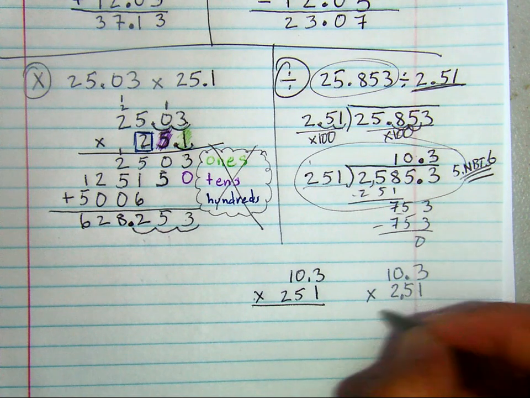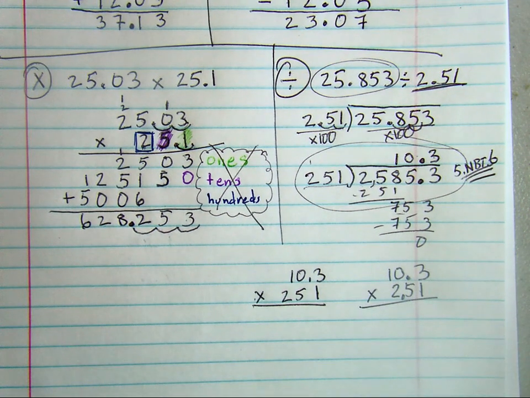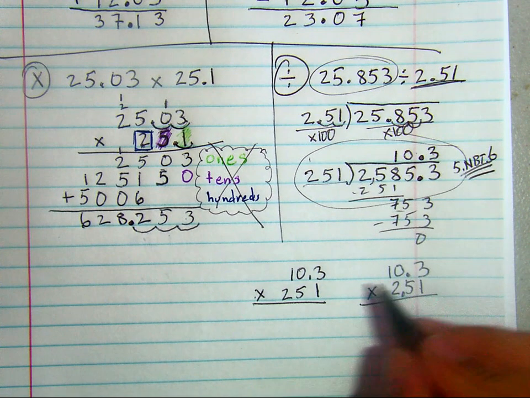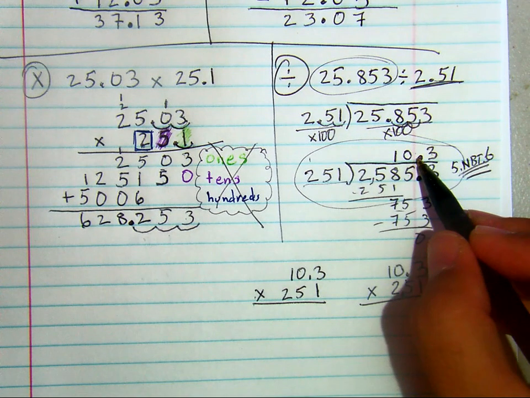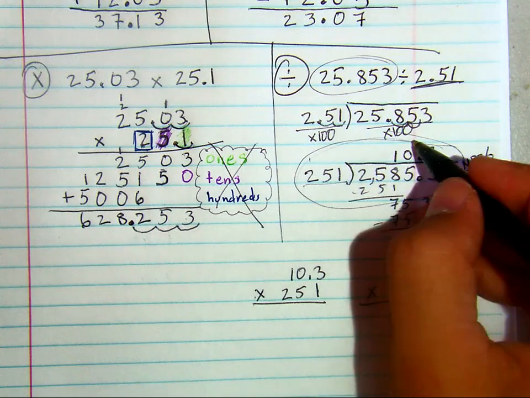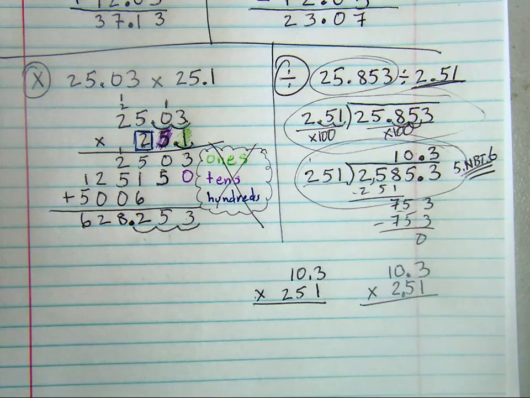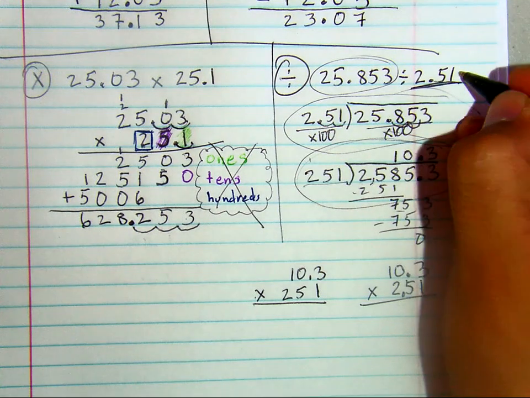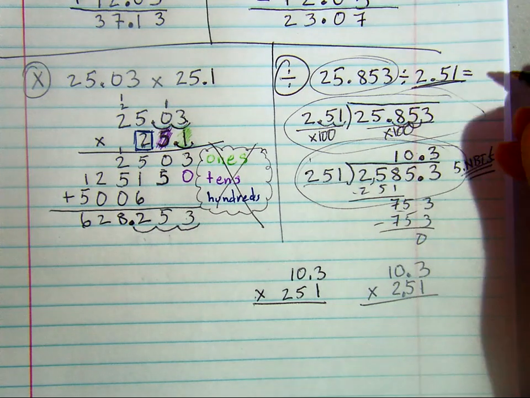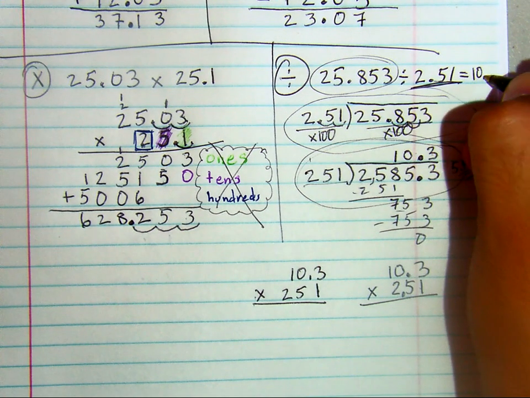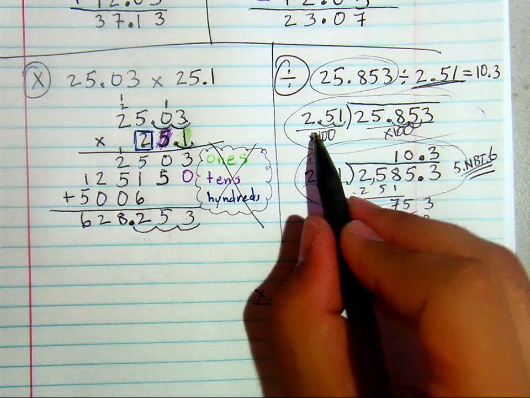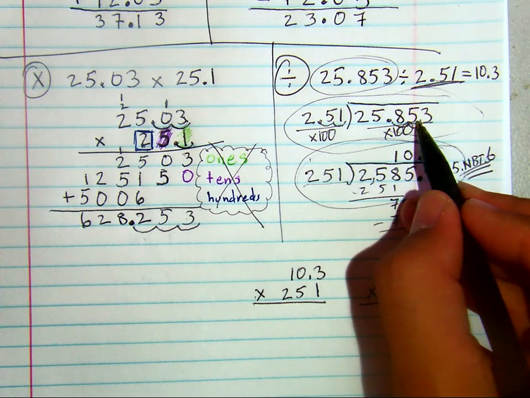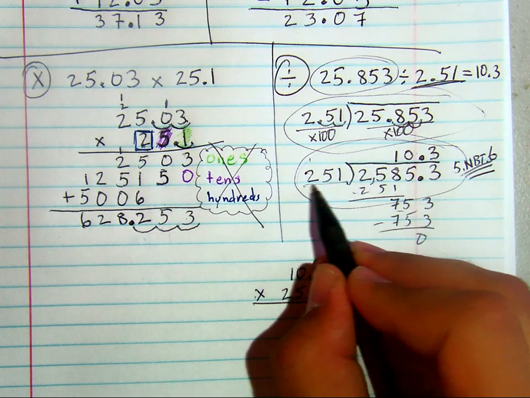If you were to multiply these digits together, the only thing that would be different is the decimal. So 10.3 is the answer for this problem and this problem. So this initial division problem is going to have an answer of 10.3, even though we moved these decimals two places so that the divisor is a whole number.